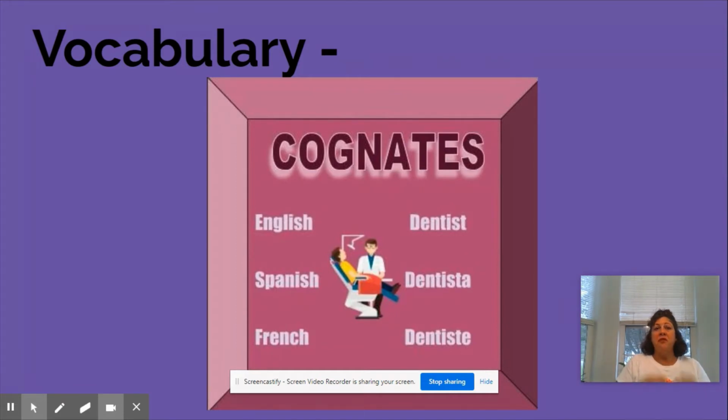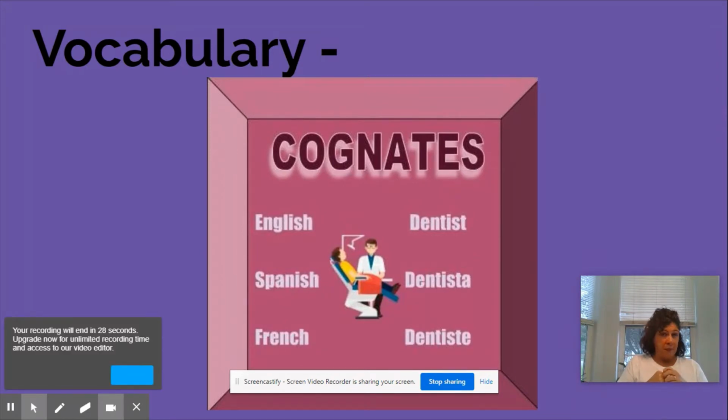But for the majority of our students, cognates are a very good resource for them to use when they are learning new languages. So do remember that, but be careful, because there are some words that seem like they are cognates, but they are not, and it could be a horror in your quest of teaching your students.